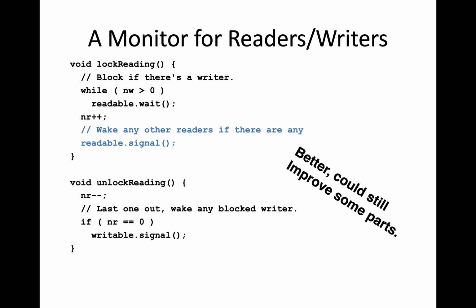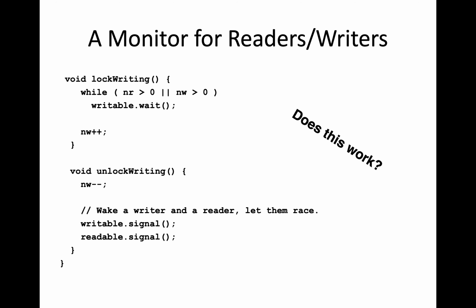The second problem is harder to fix, and it's a potential problem of starvation. Over here, backing up a slide, when you call lock for writing, you can only get that lock if there are no readers and no writers.